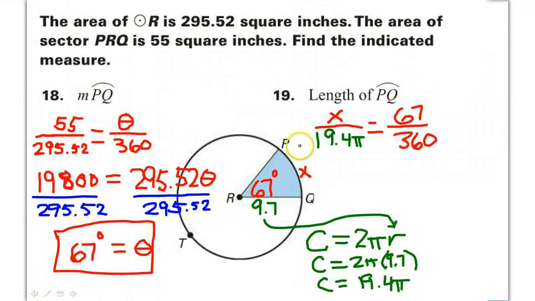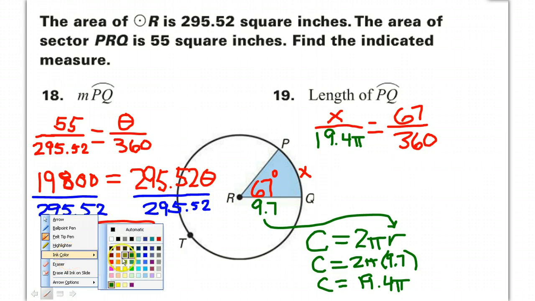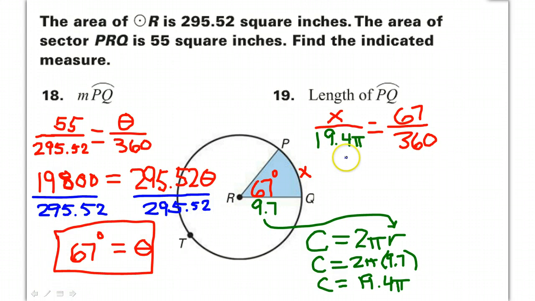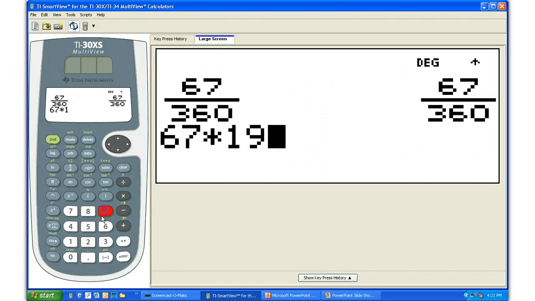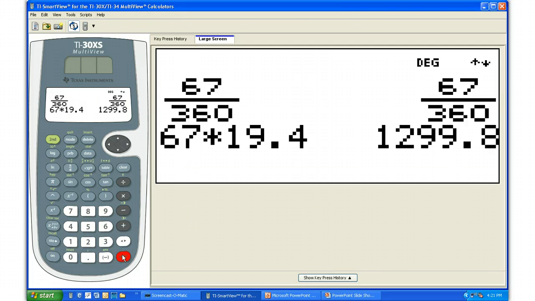Okay, so we're stuck with the big number. So we cross multiply. So this is going to make 360 x equals 1,299.8.